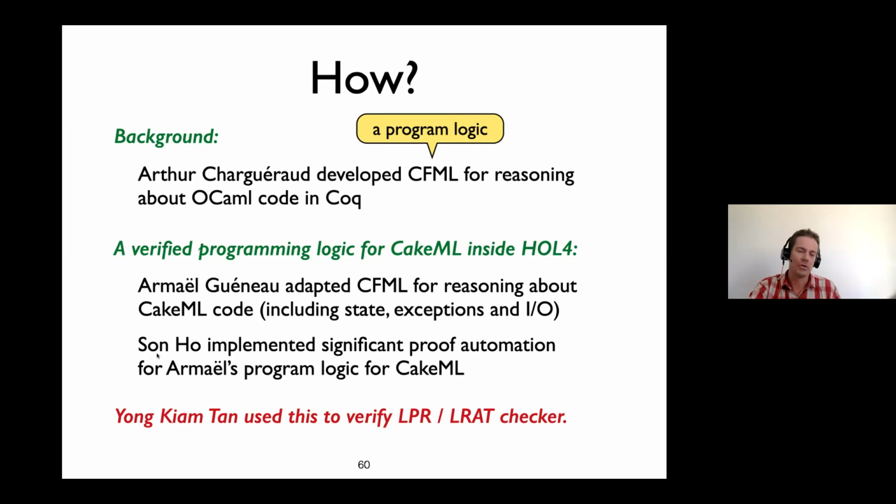And then Son Ho has implemented more things, significant proof automation on top of that. And this is what Yong Kiam used for verifying the more performance critical parts of the LPR, LRAT checker.